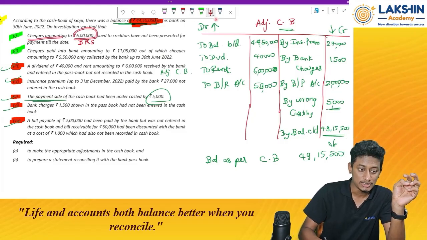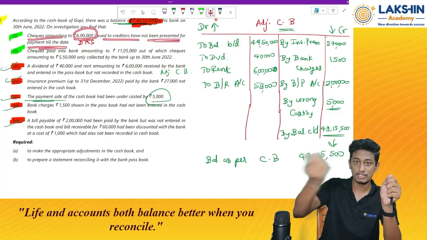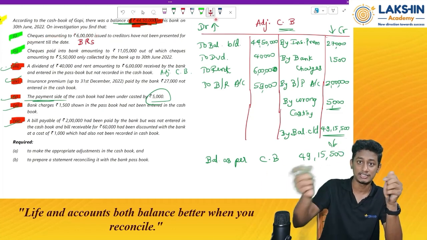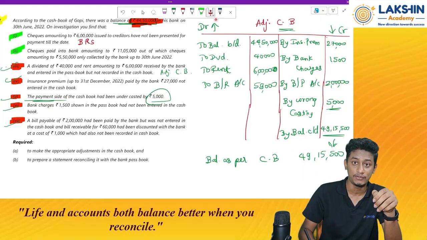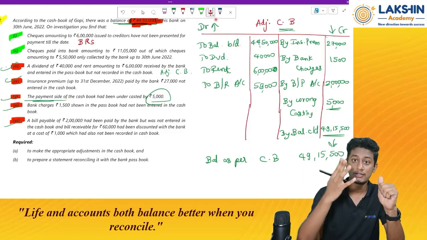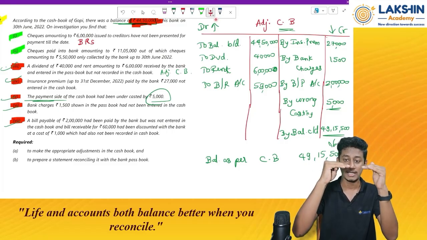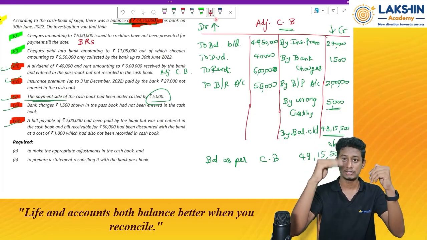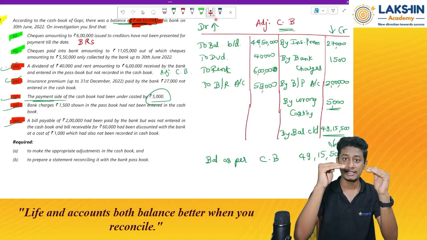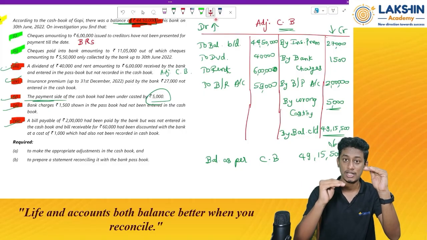Checks amounting to rupees 6 lakh issued to the creditors have not been presented for the payment. I have issued some checks to the creditors, but they have not presented them for payment. So what happens because of this? The bank balance will not reduce. Again come back to the same formula, cash book, passbook. In the cash book, I have reduced the payment as soon as I issue the checks.